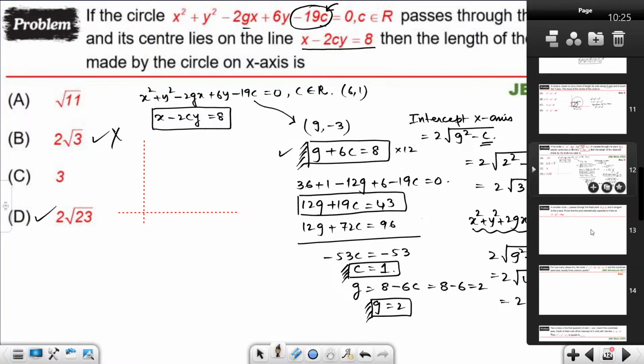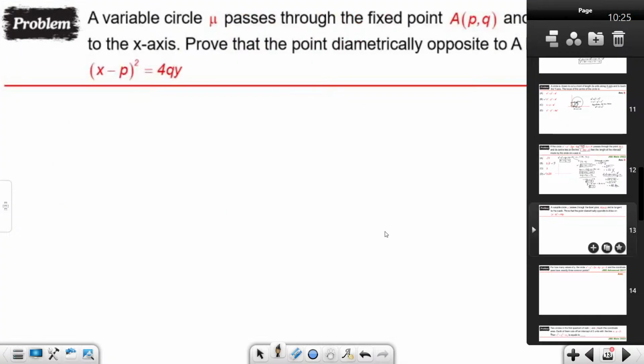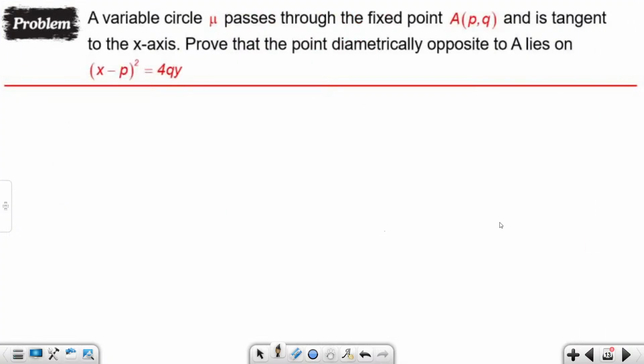Okay, so let us move to another problem. See this question. What is the question? A variable circle. A circle is a variable. Passes through a fixed point P, Q. You see, there can be a lot of circles which are passing through a fixed point. The circle can be this.